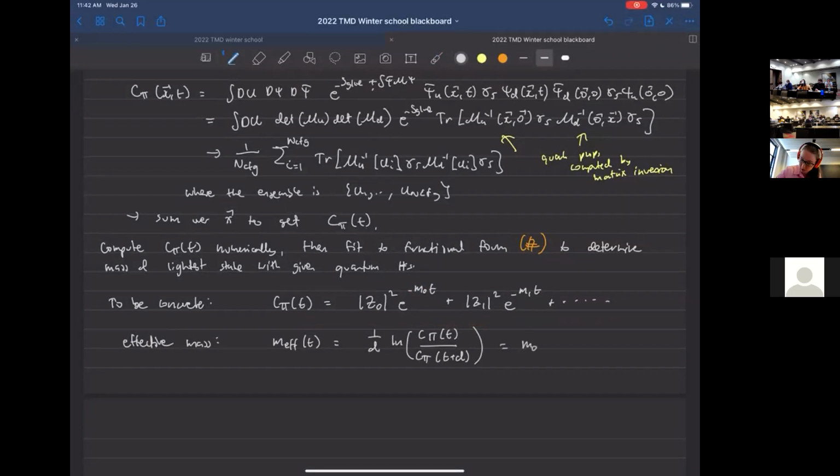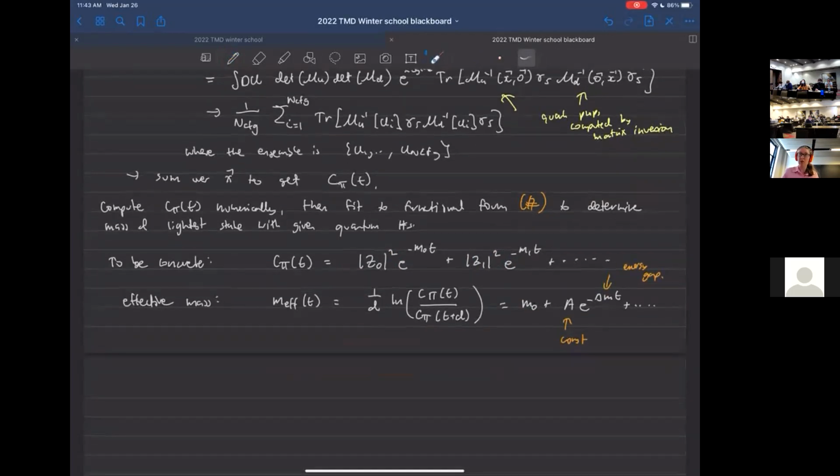So this looks like m0 plus some exponentially suppressed contribution. So that's just some constant, which, of course, depends on these z's here. You can solve for what that is. And this is the energy gap to the next state. So that's always positive, that gap, because we have the ground state here, m0 is the lightest mass. So obviously the value in forming this function is that it gives us the constant plus something exponentially damped.